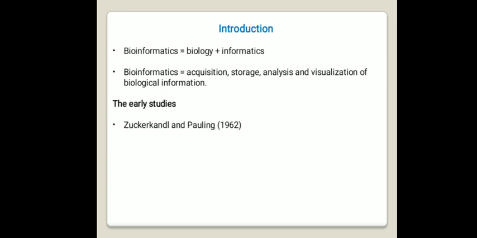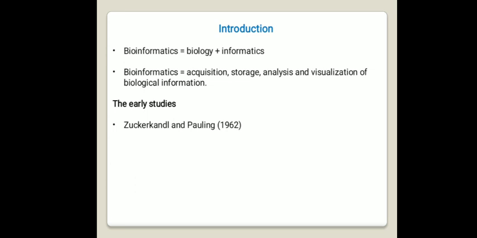Let's see some brief early studies in this area. Bioinformatics developed in the wake of generation of amino acid sequences of proteins and nucleic acid sequence of DNA. In 1962, Zuckerkandl and Pauling proposed that amino acid sequences of proteins may be used to study evolutionary relationship among organisms.